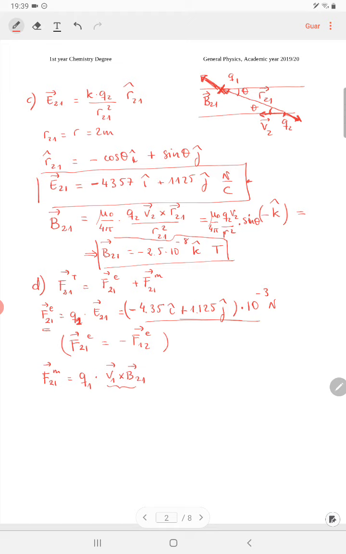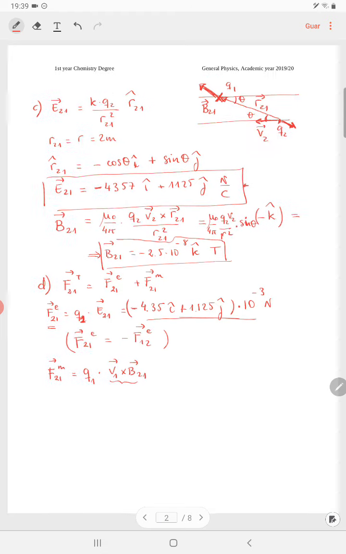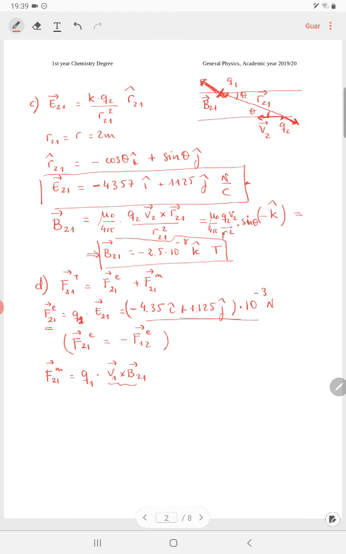So this cross product has a magnitude equal to Q1 times v1 times B21, and the direction has to be perpendicular to the velocity 1. The velocity 1 was in the x direction, so this has to be in the j direction, in the y direction. So I put a j there, and now we can discuss what the direction is going to be. Is it going to be positive or negative?